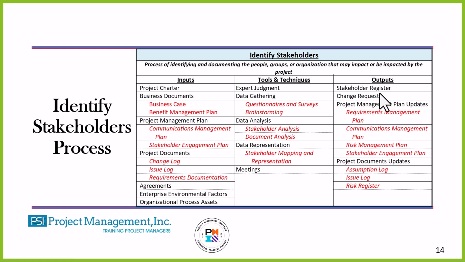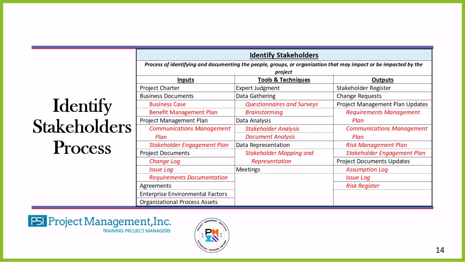So now what do we have as inputs? If you would look back at that flow chart, you'd see this is the second process. This is right after we have a project charter. So we don't have much information on our project at this point in time. We do have a project charter, and that project charter may contain names of people that are stakeholders.